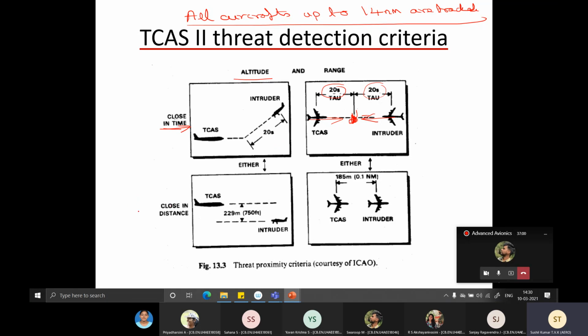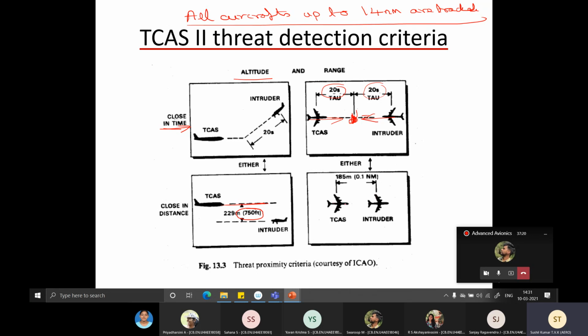If you're talking in terms of distance, the limit is, as I told you, 750 feet. So any aircraft coming within 750 feet is going to generate an alarm.